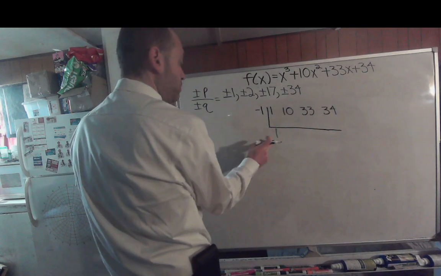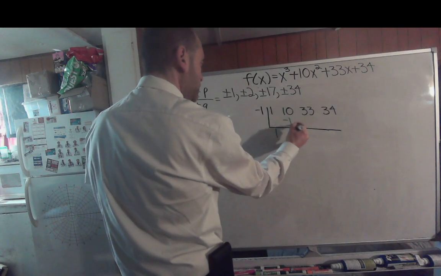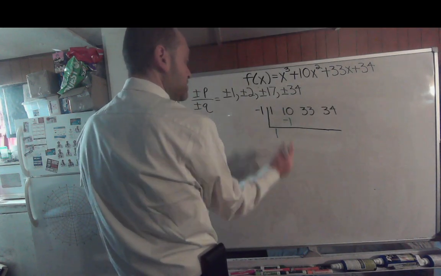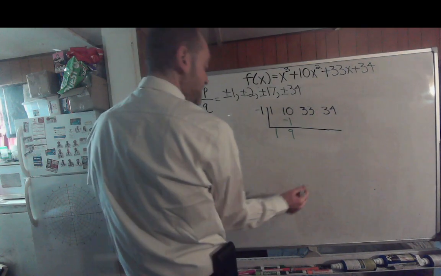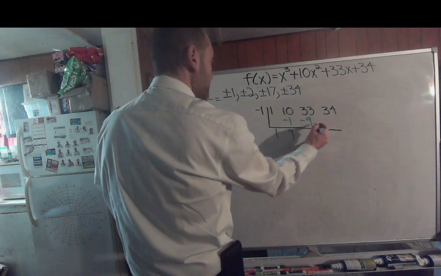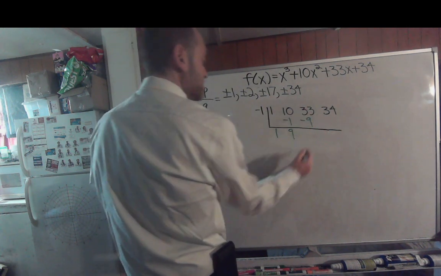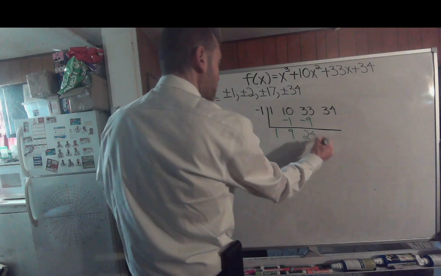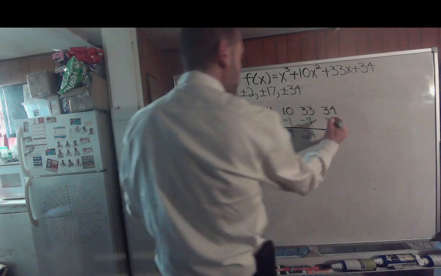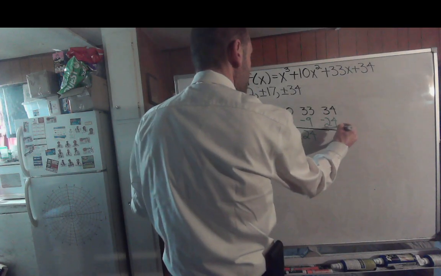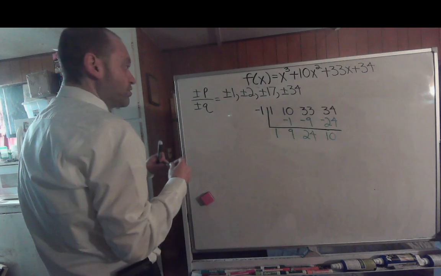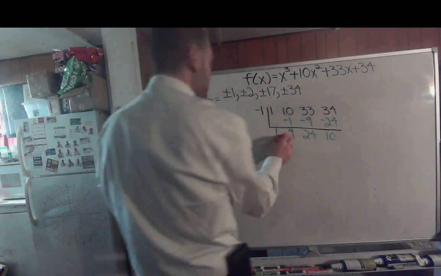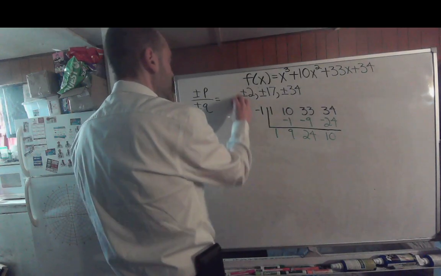Negative 1 times 1 is negative 1. 10 minus 1 is going to be 9. Negative 1 times 9 is negative 9. 33 minus 9 is 24. Negative 1 times 24 is negative 24. 34 minus 24 is 10. We have a remainder of 10. That's definitely not going to work. So our 1's are gone.